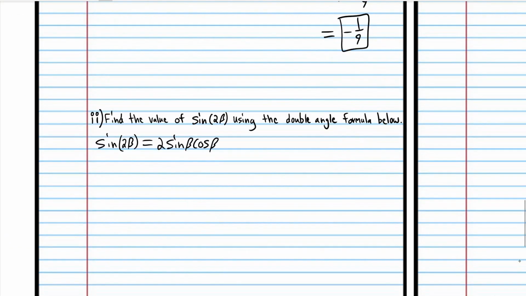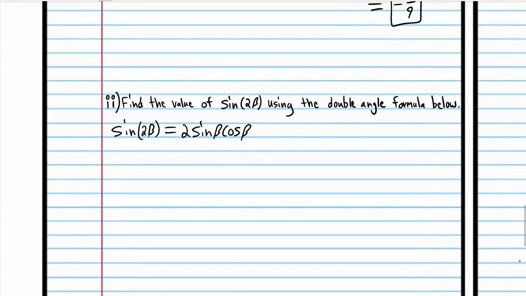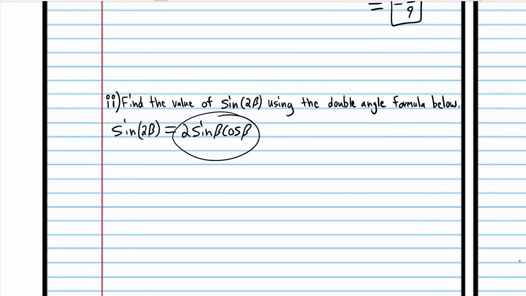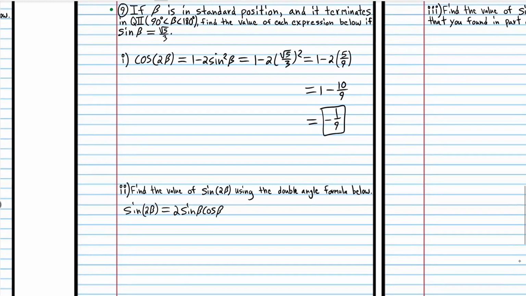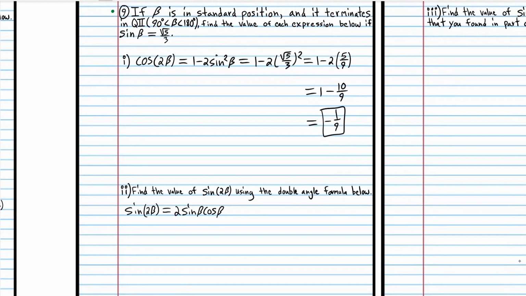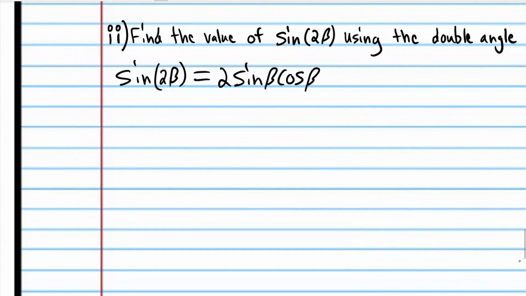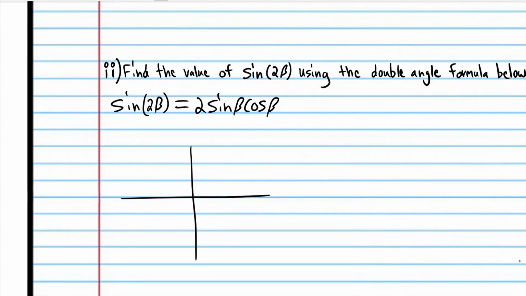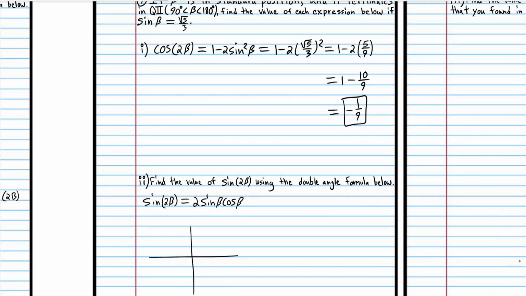So now we're going to find the value of sine 2 beta using the double angle formula for sine 2 beta. We have sine beta that we can plug in here, but we don't have cosine beta. So we're going to have to find cosine beta. We're told that beta terminates in the second quadrant.